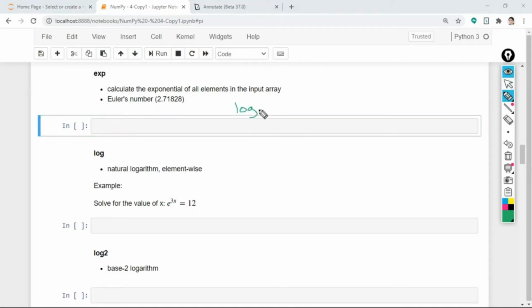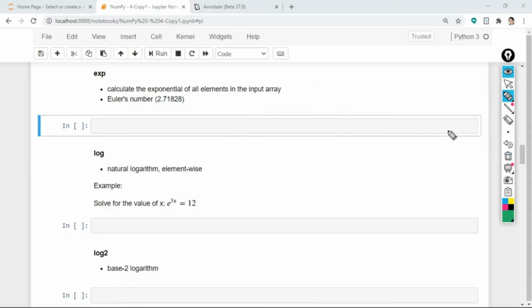That's also denoted by the natural logarithm. So this one is the Euler's number denoted by e. In your calculator there's an e, so that's denoted by the Euler's number.